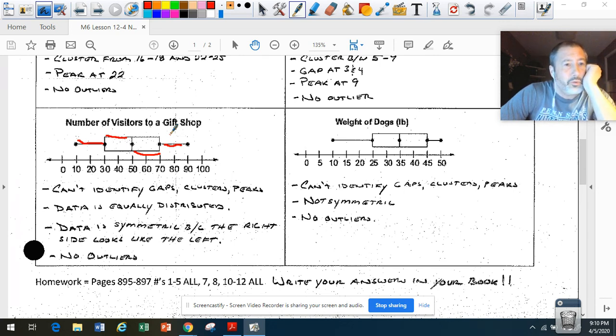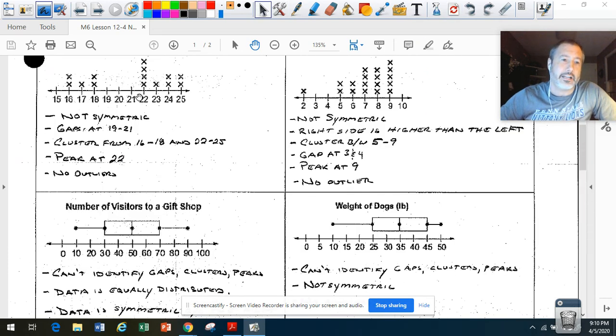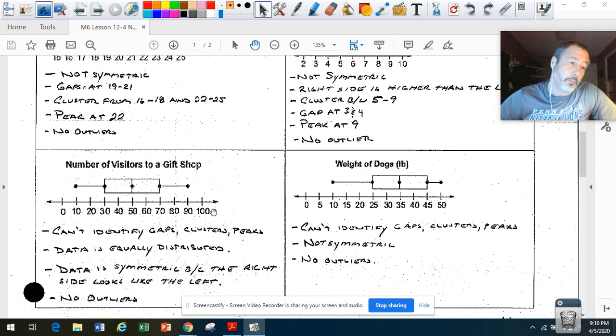No, because we don't know what the exact data is. Can we determine any clusters? No. Can we determine any peaks? No. We cannot do that at all because it doesn't give us this information like a line plot does. It just gives us our box and whisker plot, our points here.